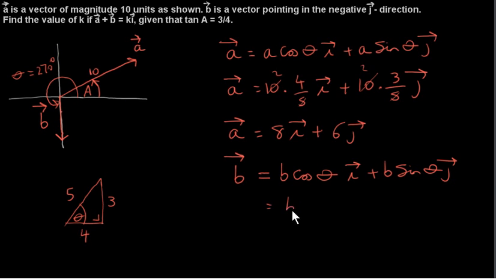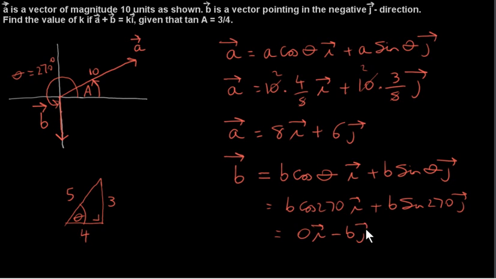So what we get is b times the cos of 270 degrees times i, plus b times the sine of 270 degrees times j. The cos of 270 is actually 0, so we will get 0i. That's what we want because b has no i component. The sine of 270 is actually minus 1, and so we multiply b by minus 1j, or minus bj. So as before, we get minus bj.